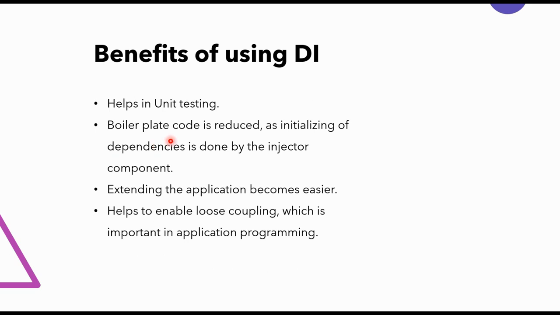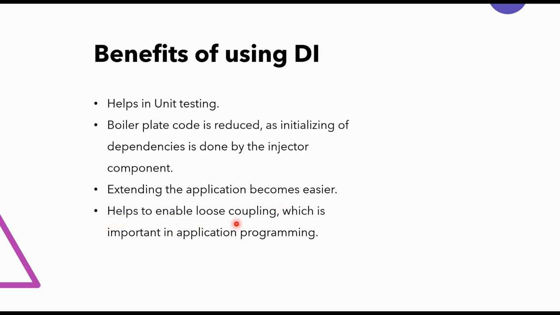Boilerplate code is reduced, because initializing of dependencies is done by the injector component, so the code is reduced and there are not so many object initialization lines of code. Extending the application becomes easier: if in the future we want to change or update something in the application, we can do it easily because the classes are not tightly coupled.